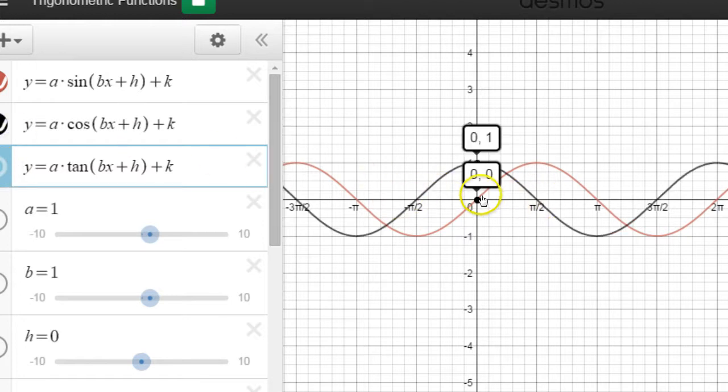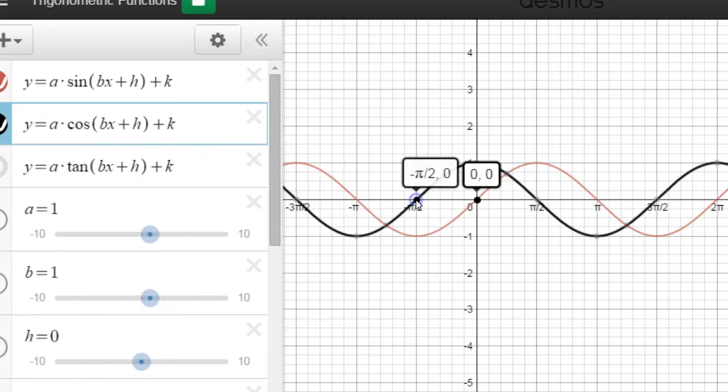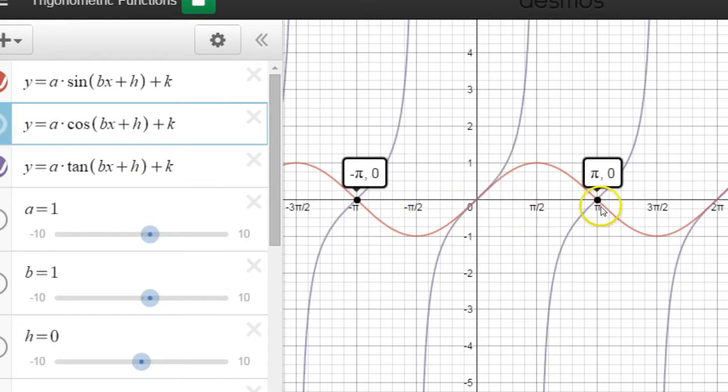For example, when theta is 0, sine is 0, but when theta is negative pi halves, cosine is 0. So that, once again, proves the fact that those two are not going to be equal at the same time. Some interesting things about that.